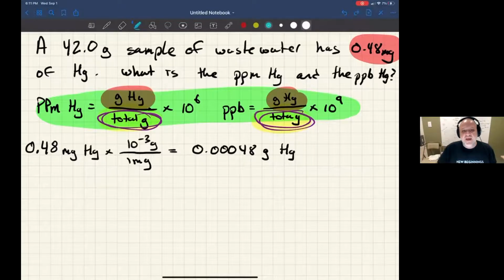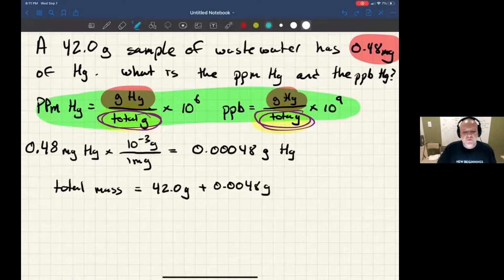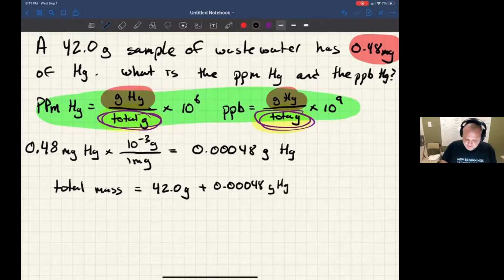Now, the next part is total mass. I have to get the total mass, and I'm going to show you in a second why it's just going to be 42 grams, and it's all about sig figs. So let's go ahead and do the addition real quick. I'd have to add up the 42 grams plus the 0.00048 grams of mercury, and I would get 42.00048 grams.